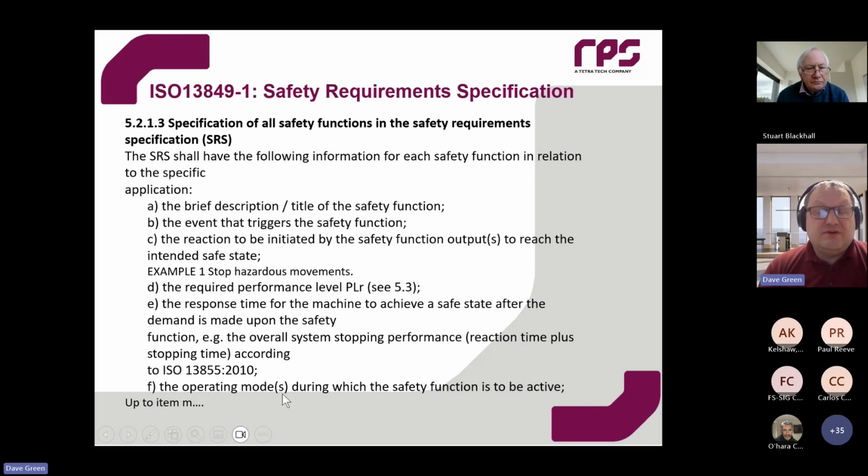So in the machinery world, obviously there's more. There's teaching, normal auto operation, manual operation, setup, etc. And as I say, it goes on to item M. I've not copied all of them into this presentation, but this is clause 5.2.13, if you want to go and take a look at it later on.